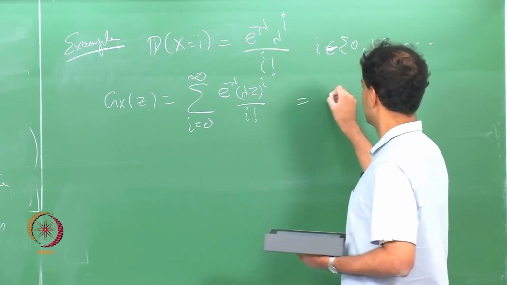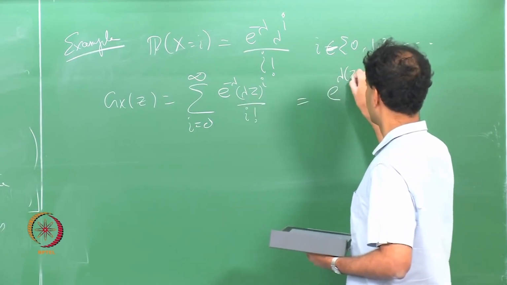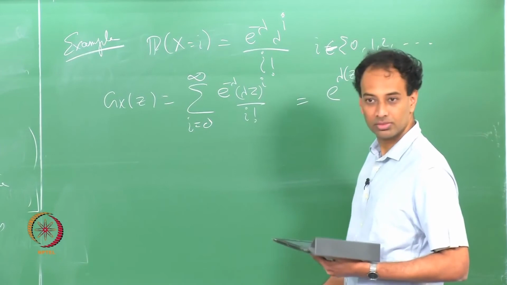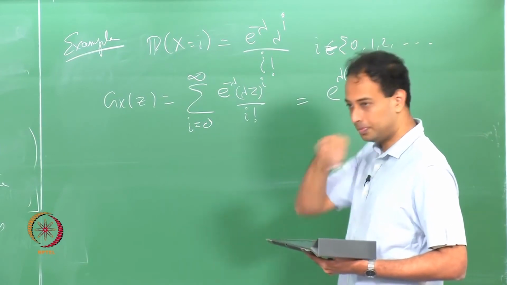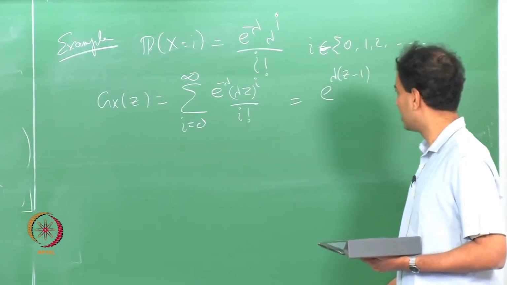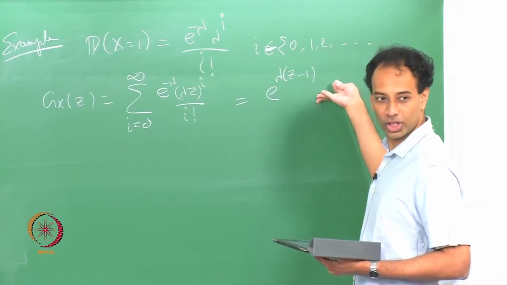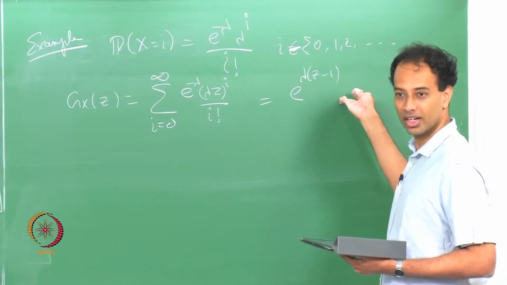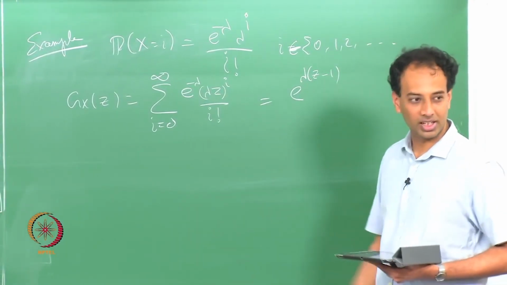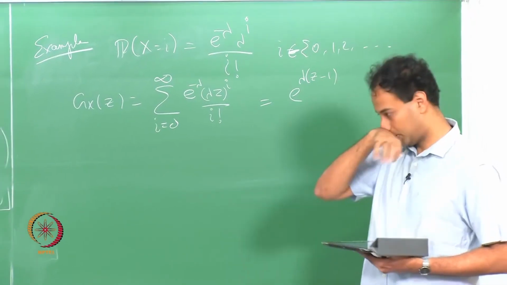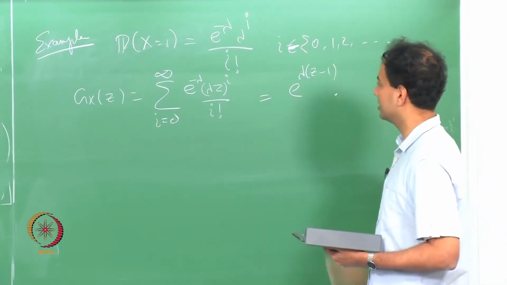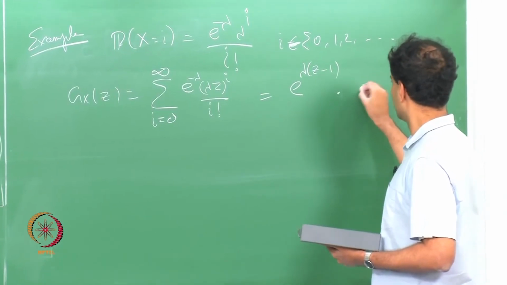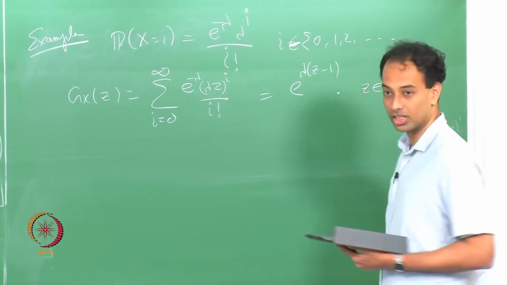So, this will become e power lambda times z minus 1, okay. And that is an analytic function in all of the complex plane, right, it converges uniformly, it is analytic in the whole complex plane, okay. So, this is for any z in C.